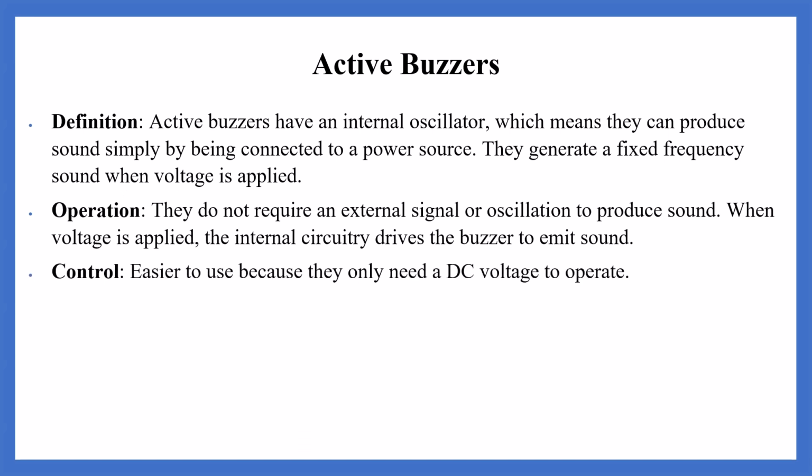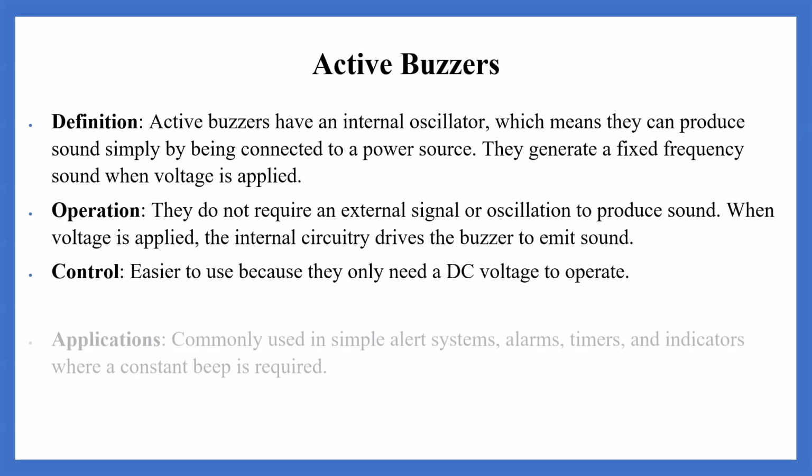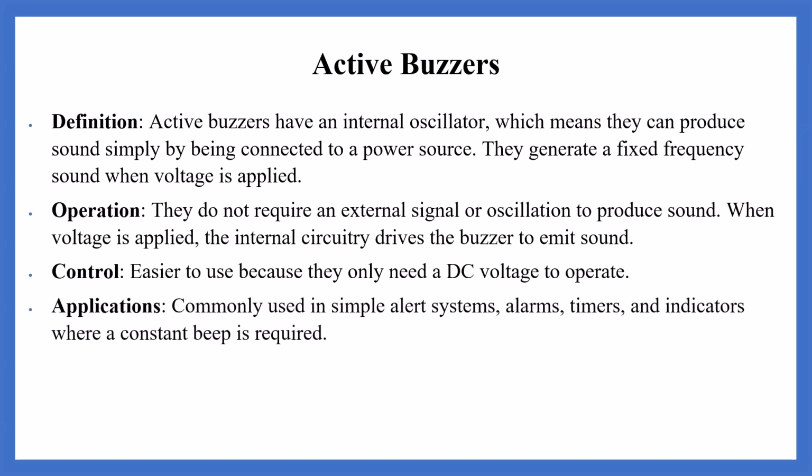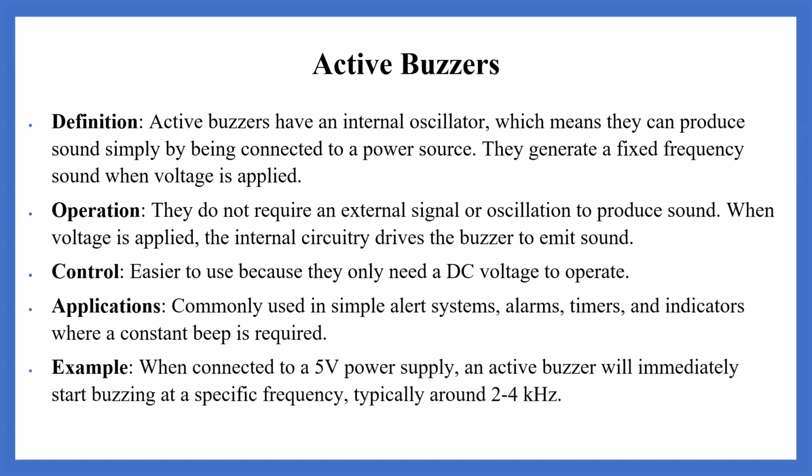Control: easier to use because they only need a DC voltage to operate. Applications: commonly used in simple alert systems, alarms, timers, and indicators where a constant beep is required. Example: when connected to a 5V power supply, an active buzzer will immediately start buzzing at a specific frequency, typically around 2 to 4 kHz.